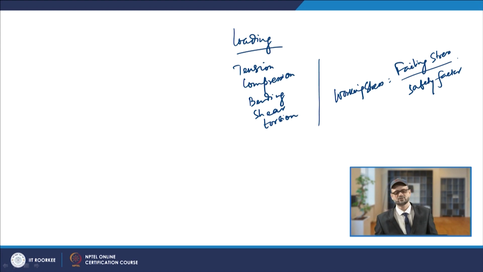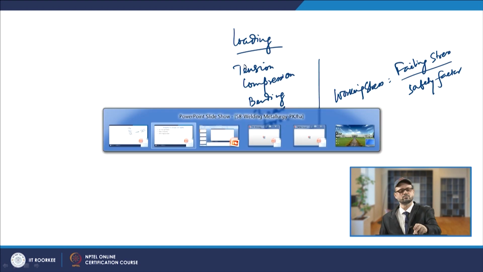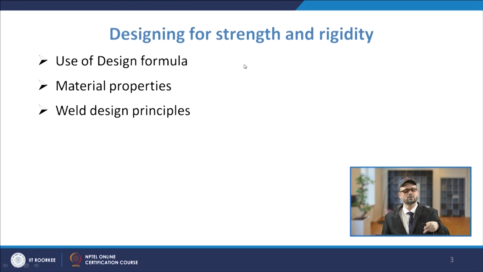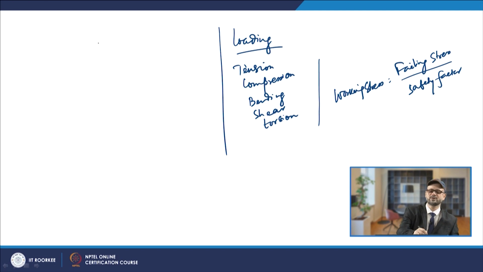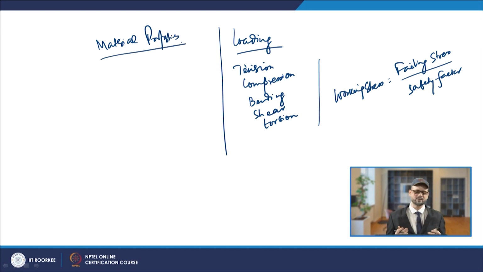Then the next important point is material selection properties, that is, material properties or section properties. Under that you will have the different material properties.